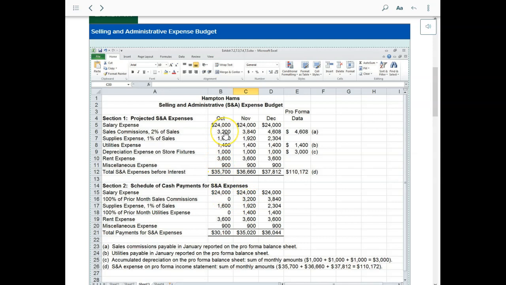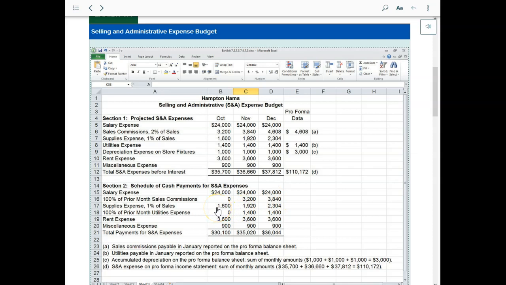Now commissions for October, 2% of October sales, their policy is we pay commissions a month after they are earned. So that's why this $3,200 in October commissions that belongs here in October as an expense, cash-wise will not be paid until November. November's commissions will not be paid until December.